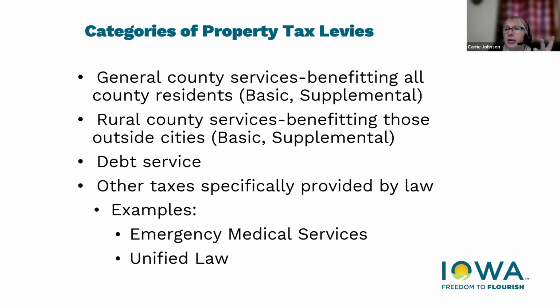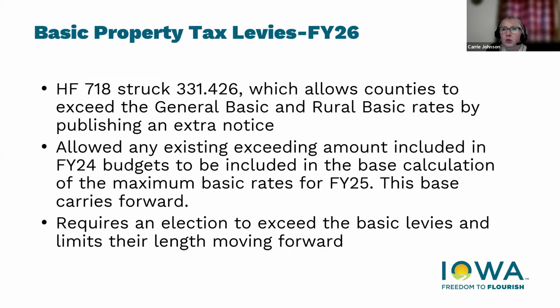So you have two rural rates. And again, the rural rate is to benefit those outside city limits. And again, for the rural, you have a basic and a supplemental. Debt service is a rate that you can use to pay the cost of general obligation debt. And you have other specific taxes provided by law, things like emergency medical services, unified law, and there's a handful of them, and we'll go over those in more detail.